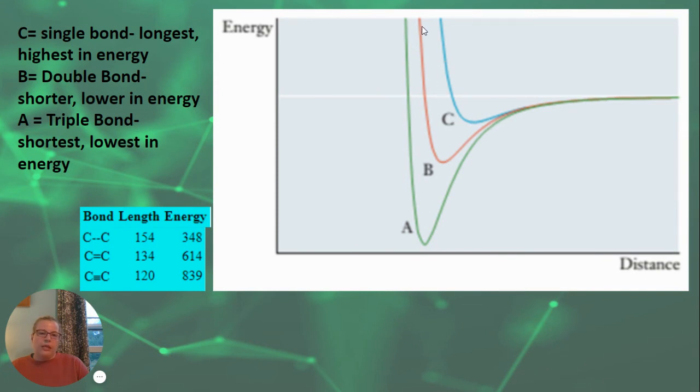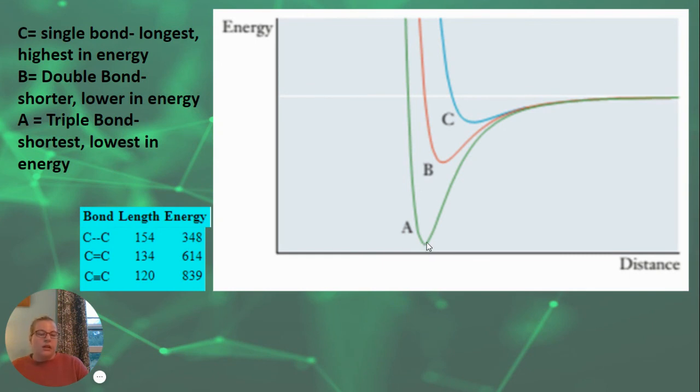If I compare B, B has a bigger drop in energy, so that means it's stronger. And if you look, the point is closer to our y-axis here, which means that it's going to have a shorter distance. And then A, as A drops down, has a big drop in energy when we get to the sweet spot for our 2 elements.